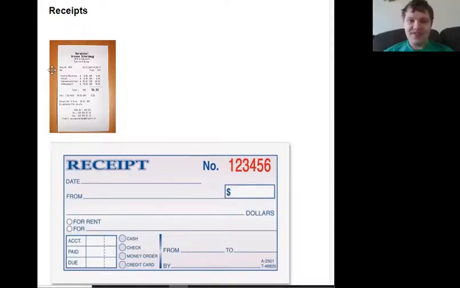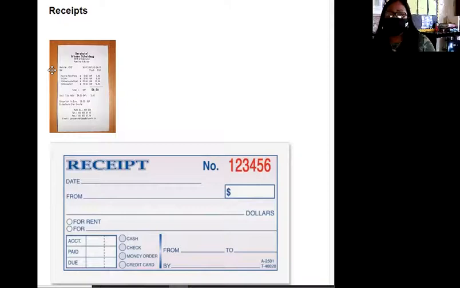So receipts are good to always hold on to just in case you have to exchange or take back what you bought, or if for some reason you were charged the wrong price and you realized that when you got home, you can always take your receipt and the item back to the store. That's sort of like your proof of purchase.